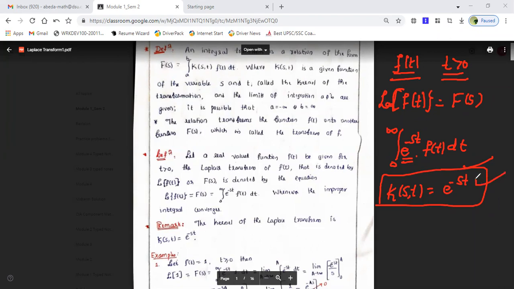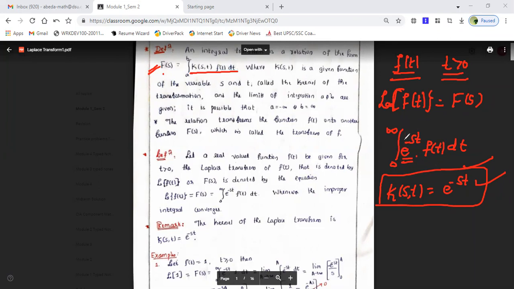Remember this formula, F of s equal to the integral, in general, for the integral transform. If you give specific values to a and b, and your K of s,t is replaced by e to the power minus st, then it is the Laplace transform. The Laplace transform is also an integral transform, in which K of s,t is replaced by e to the power minus st. So this definition you have to remember.